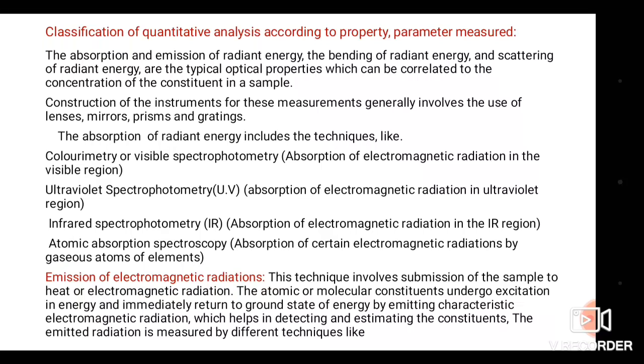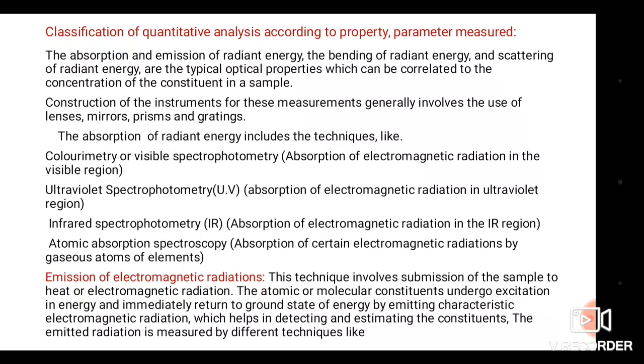Generally, in the ground state, the electrons or atoms are at rest because they possess a small amount of energy. Then the sample is subjected to heat or electromagnetic radiation. After absorption of the electromagnetic radiation, these atoms or electrons jump from the ground state to a higher excited state, where they are unstable, and they come back to the ground state by emitting electromagnetic radiation.